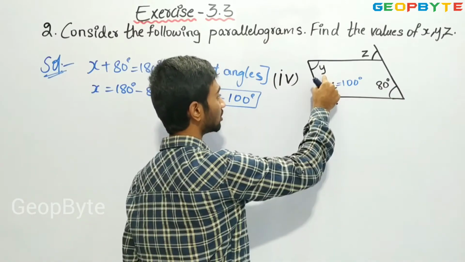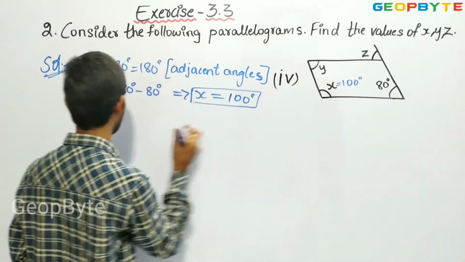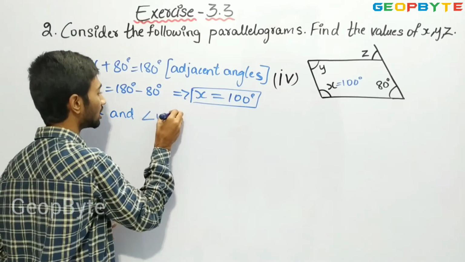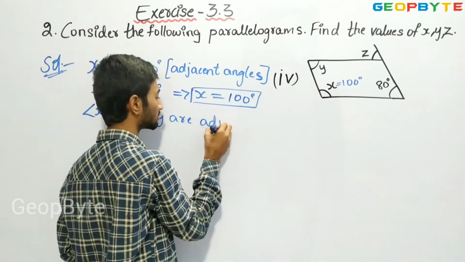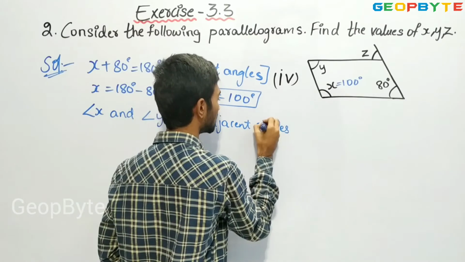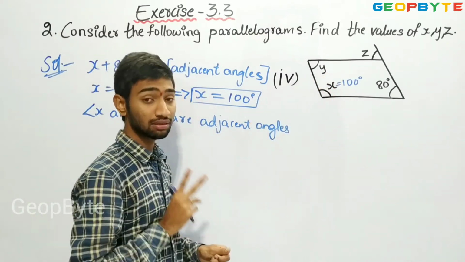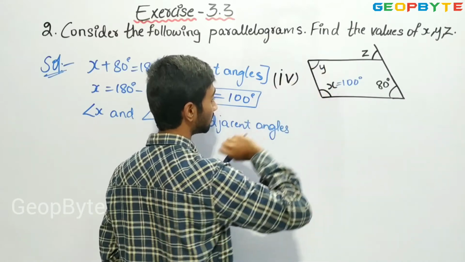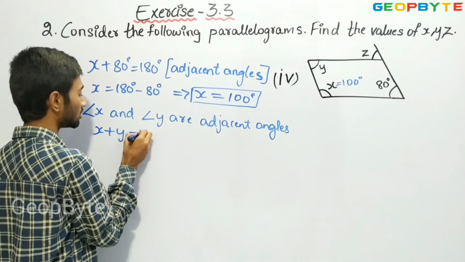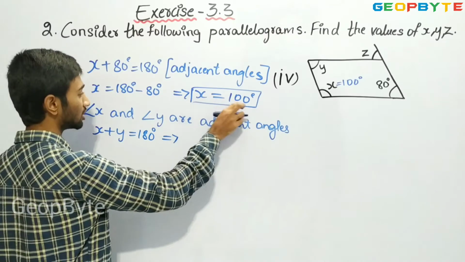Now we will find the value of y. And here we see that angle x and angle y are adjacent angles. So the sum of two adjacent angles of a parallelogram is equal to 180 degrees. So x plus y is equal to 180 degrees. That implies we have the value of x equal to 100 degrees.